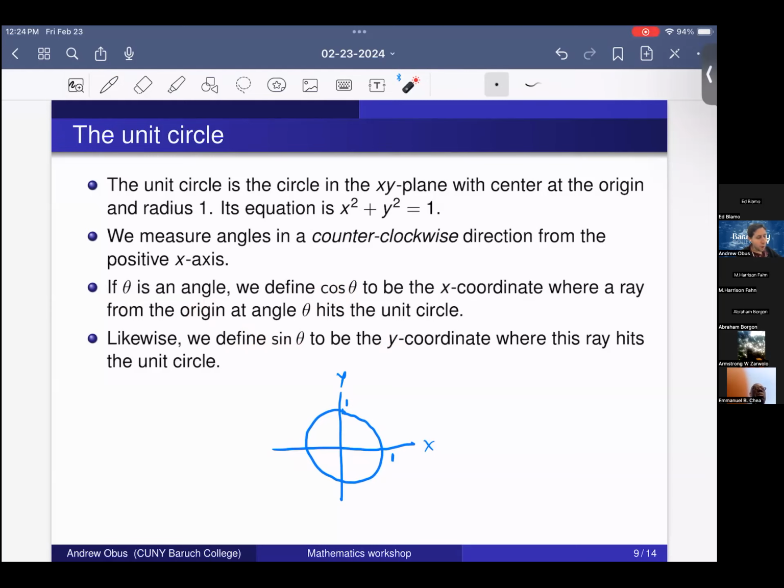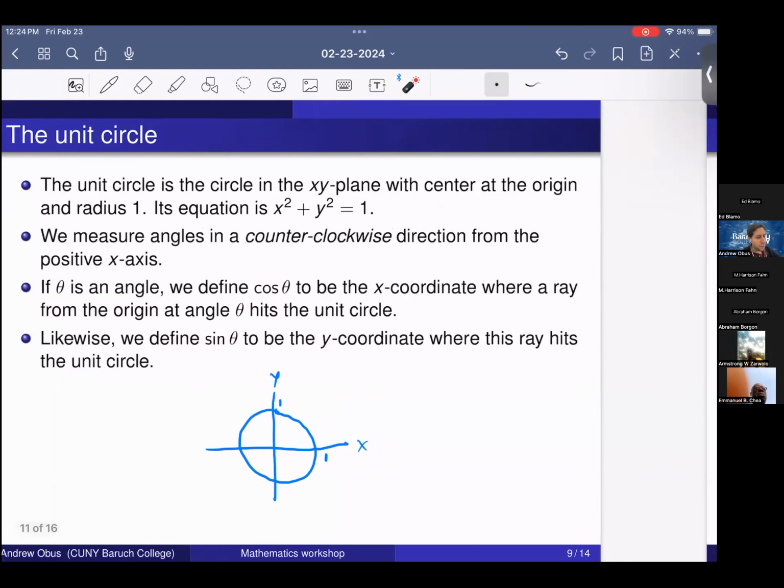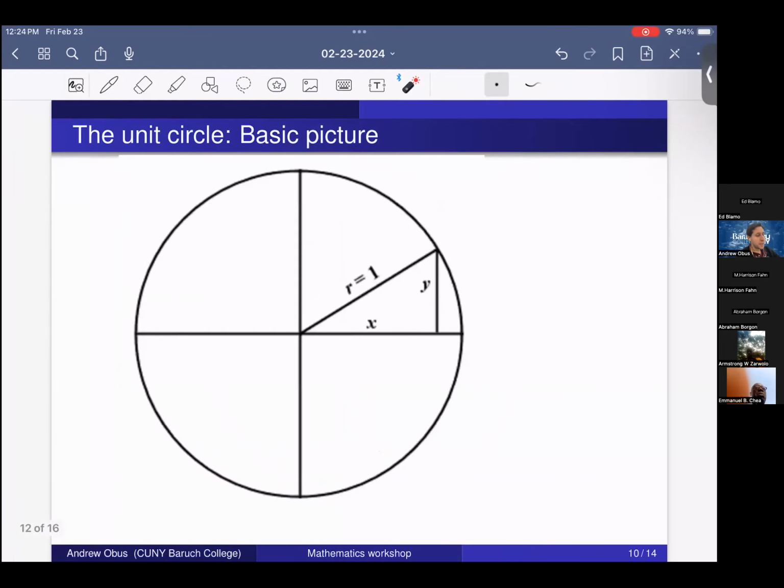So maybe instead of drawing it on this diagram, let me give you a bigger picture over here. So this is the unit circle drawn again. This is our x-axis. I'll just extend it a little bit. And so if we have some angle theta here on the unit circle, and remember, theta is measured counterclockwise from the positive x-axis, so this angle is the theta right here.